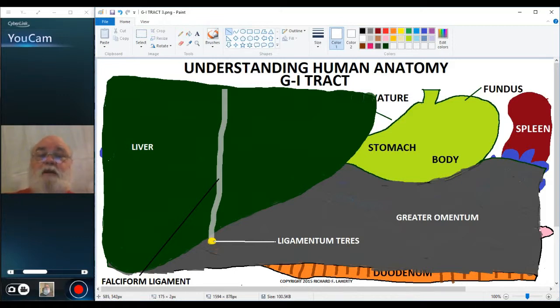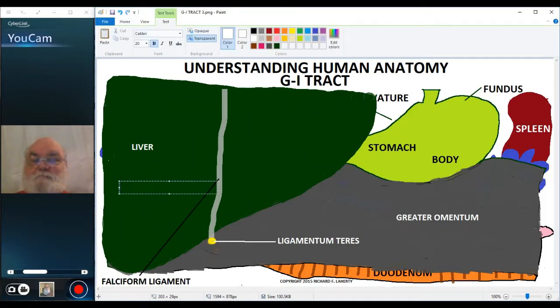And again, ligamentum teres is a remnant of the umbilical vein, so it would pass all the way along the body wall to the umbilicus. Then we can see that the falciform ligament divides the liver into a right lobe and a left lobe.